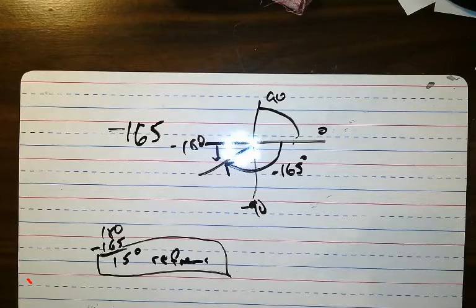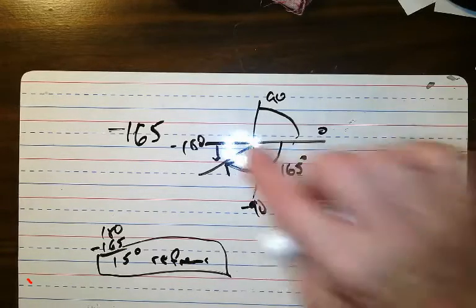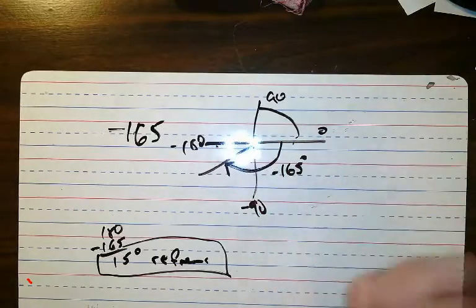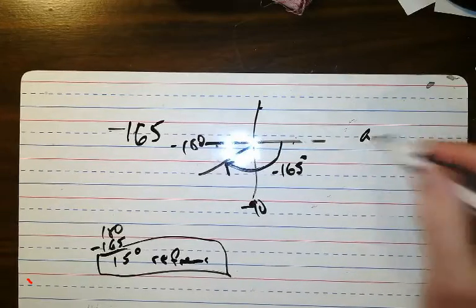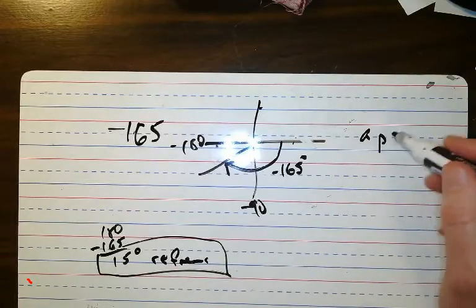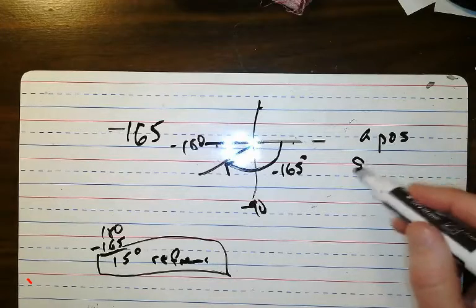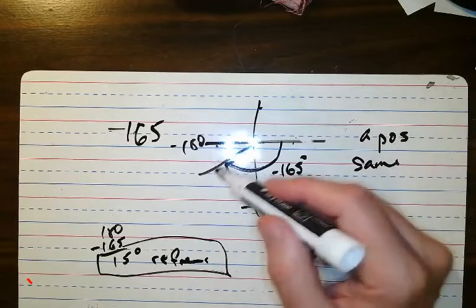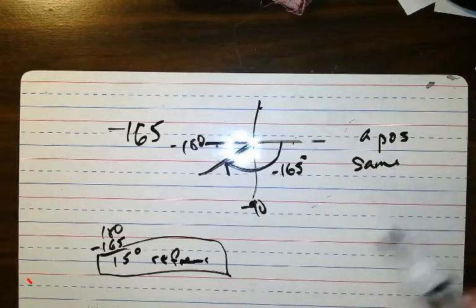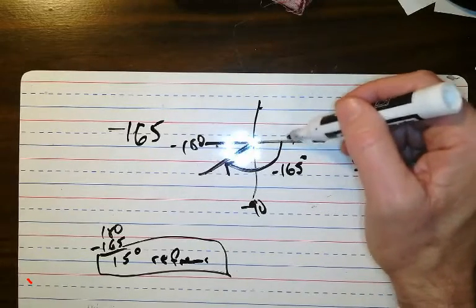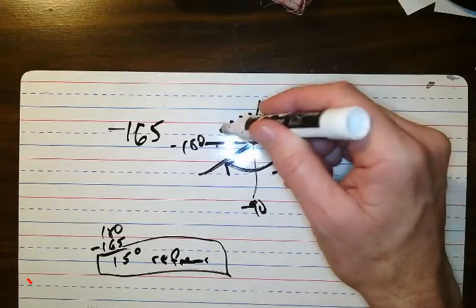What if we wanted something else instead of the reference angle? What if we wanted to know a positive angle that had the same endpoint right there? So that means we're looking for the angle that starts here and goes this way. How big is that?